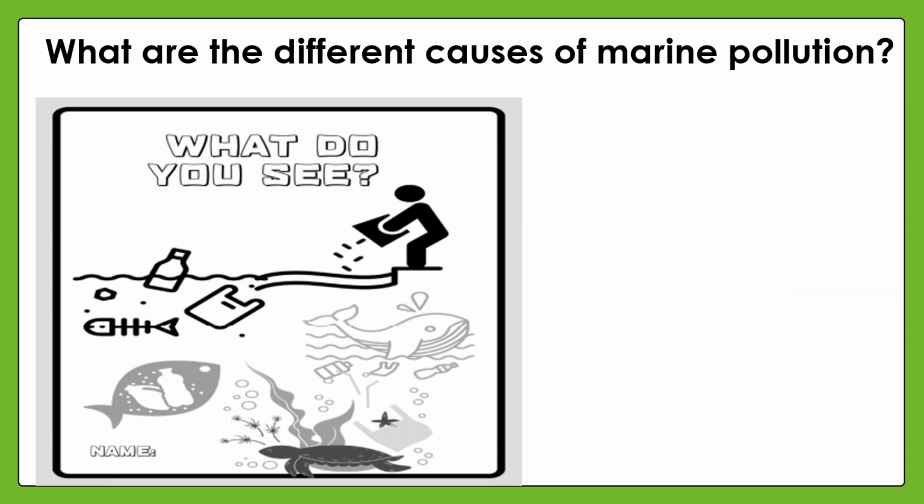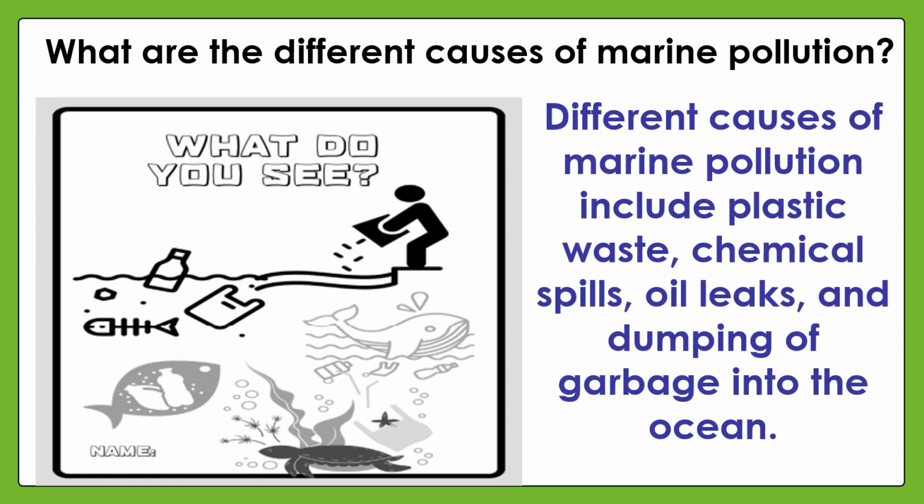Number 4, what are the different causes of marine pollution? Different causes of marine pollution include plastic waste, chemical spills, oil leaks, and dumping of the garbage into the ocean.